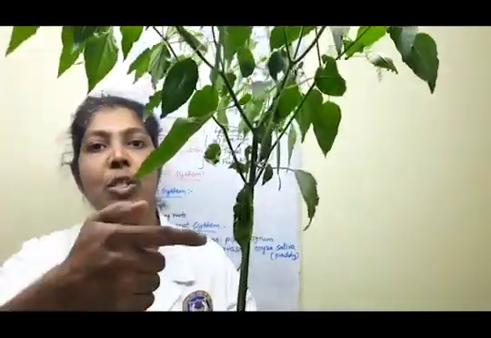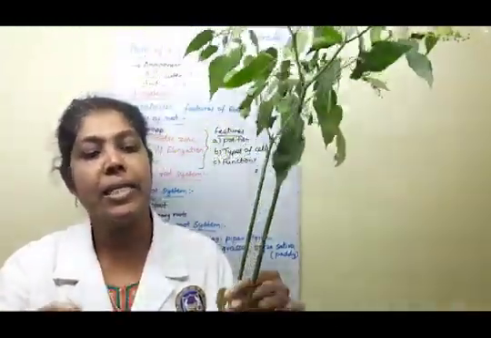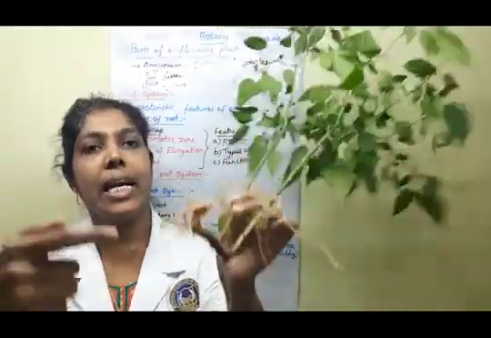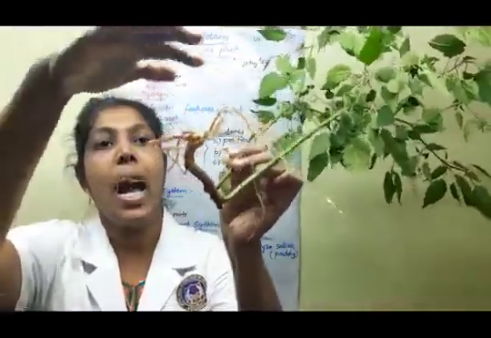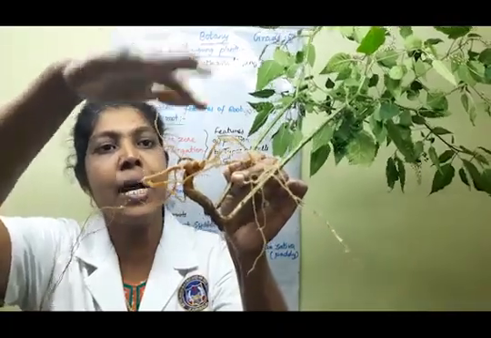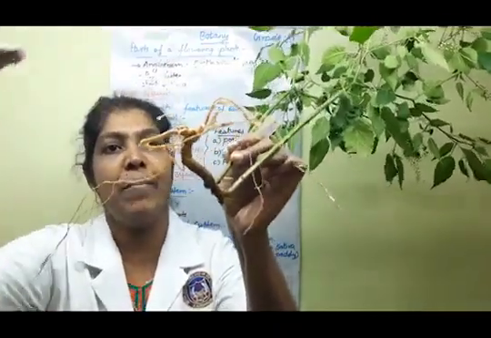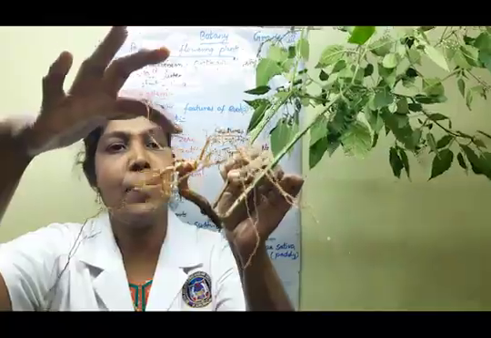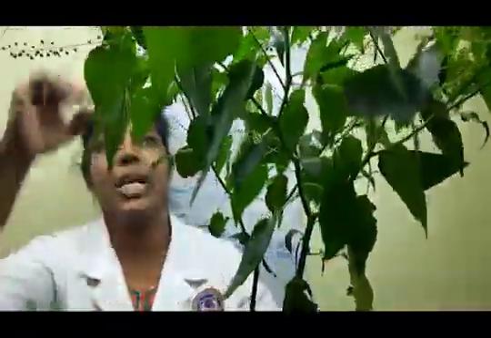One is the shoot system. Understood? Then the second one is the root system. The sporophyte's underground part is called the root system. And the aerial part of this plant is called, what does that mean, children? Very good. Shoot system. Understood?